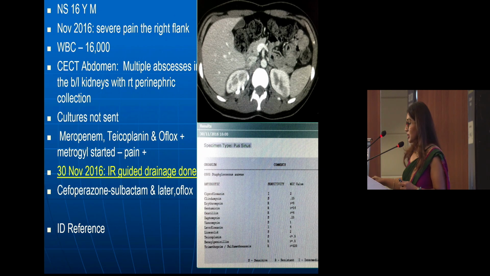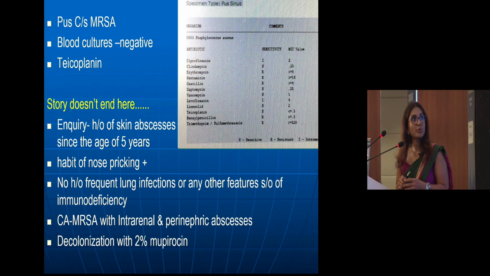That's when he was referred for an infectious diseases opinion. Based on the culture report, we decided to treat with teicoplanin instead of vancomycin, because that would be more nephrotoxic. Vancomycin MIC is 1, while teicoplanin is 0.5, and the patient improved.